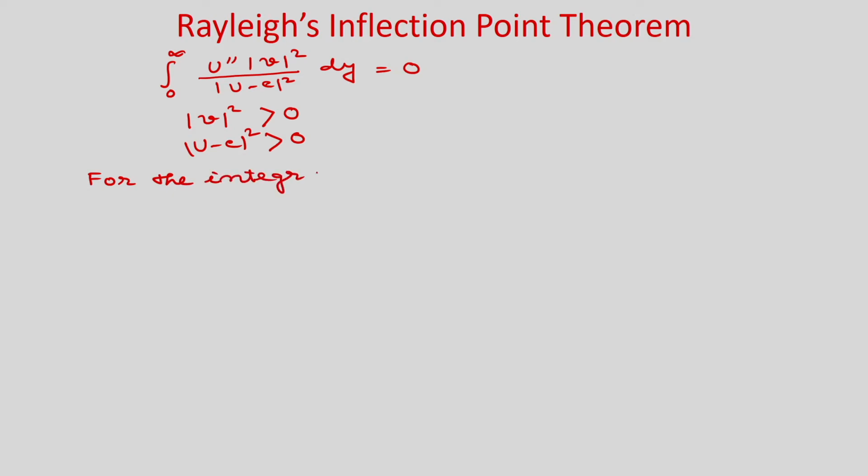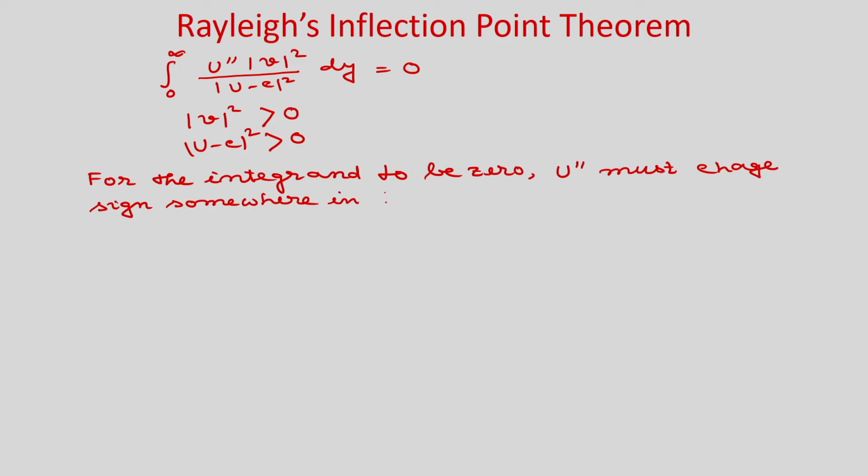Okay. So, that means for the integrand to be 0, u double prime must change sign somewhere in the domain.